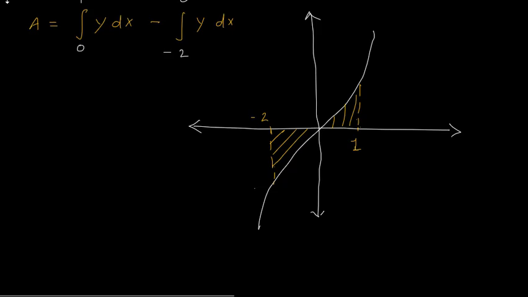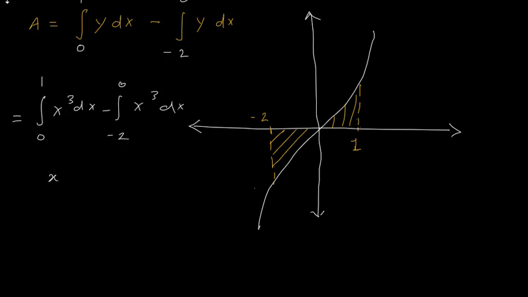So this area is equal to integration of x cube dx between 0 and 1 minus between minus 2 and 0, x cube dx. Okay, so here we will get x power 4 upon 4, limit is 0 to 1, minus, here we have x power 4 upon 4 and the limit is minus 2 and 0.